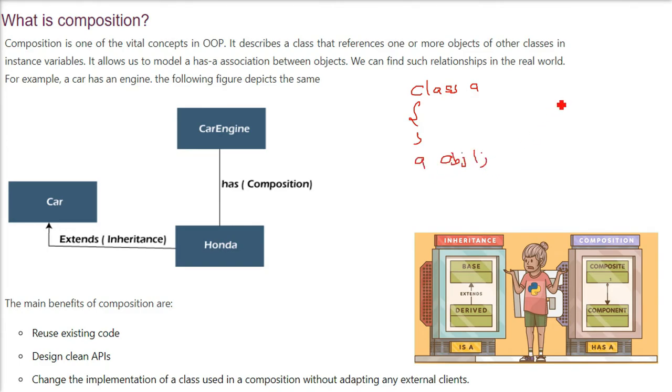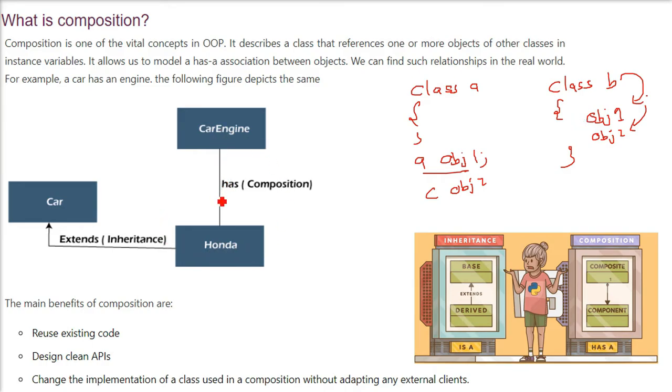Now you make a class B, and you are taking the object of class A and putting it in your class B, using class A's object as a variable. Say I am making class C also, with object 2. So class B has object 1 and object 2, one from class A, one from class C. So this is composition, the has-a relationship.